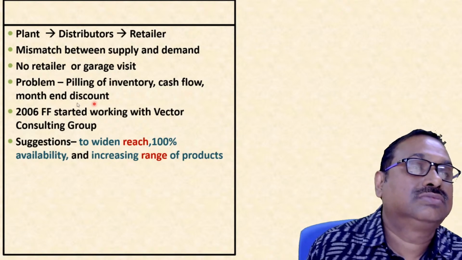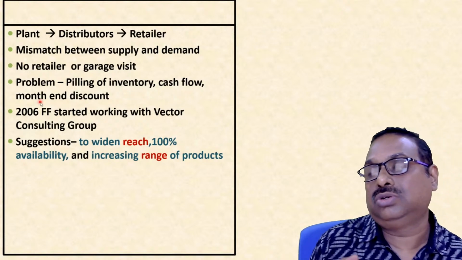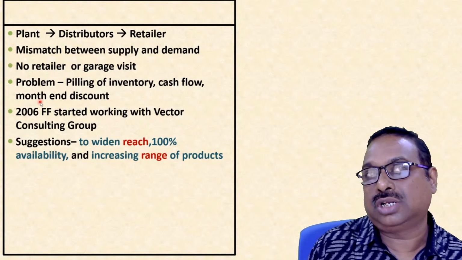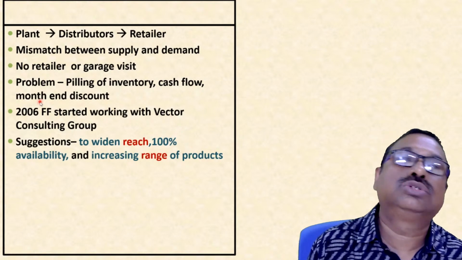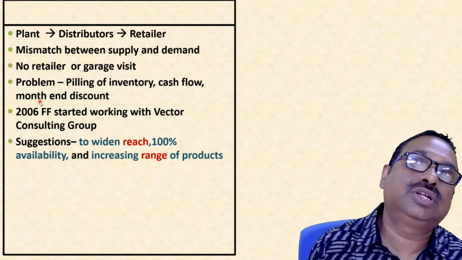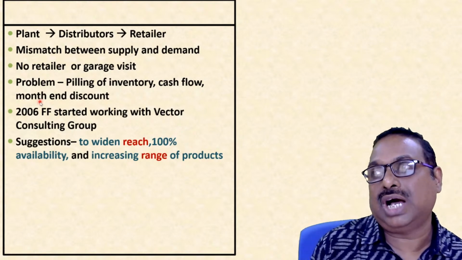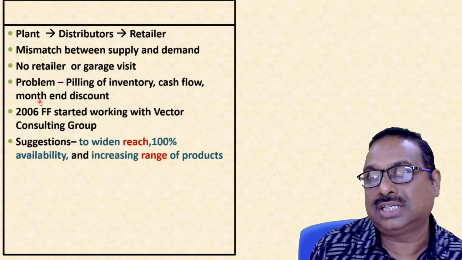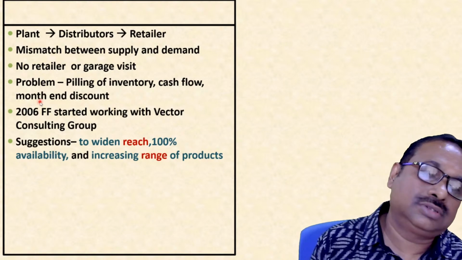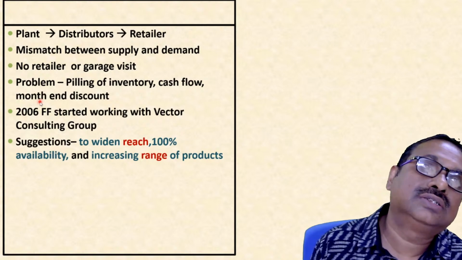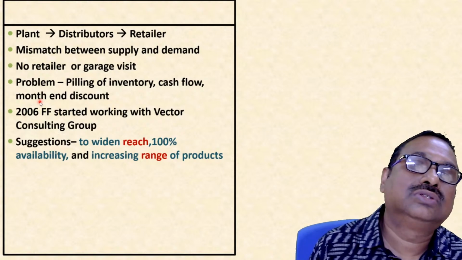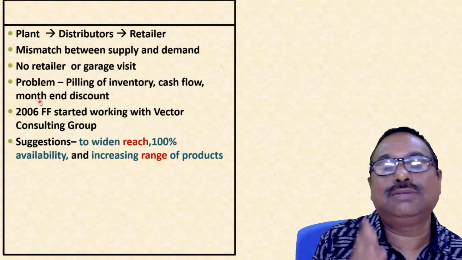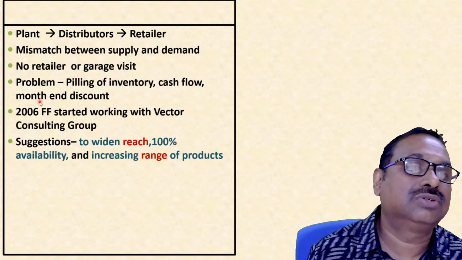You push to the distributor, who pushes to the retailer, but there is no sales. So inventory piles up, and at month end, if you ask, the retailer will tell you, "Sir, I have stock with me, so how will I give money?" Then you give some cash discount. You haven't sold the material, but you are giving a discount.